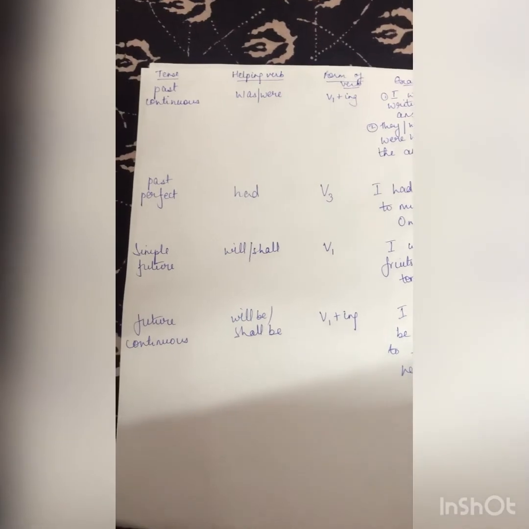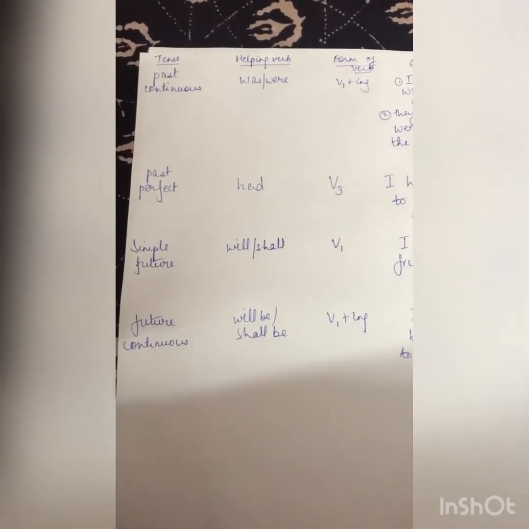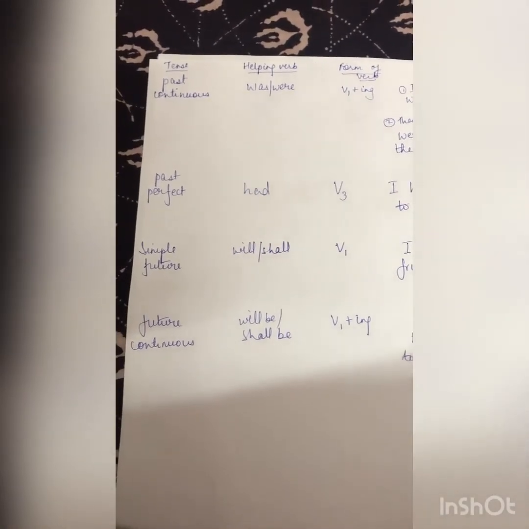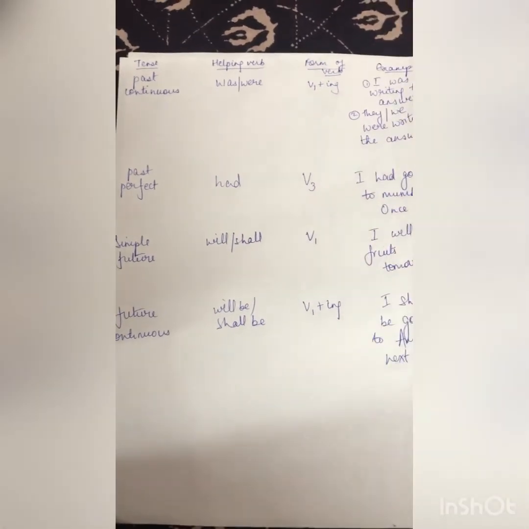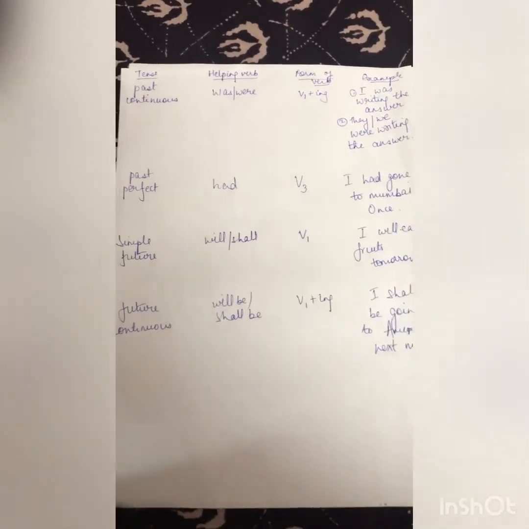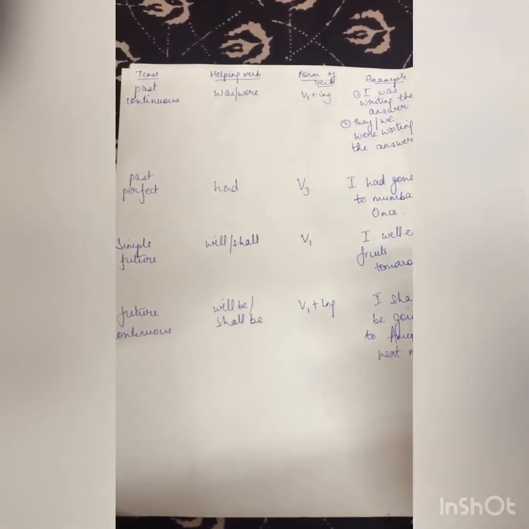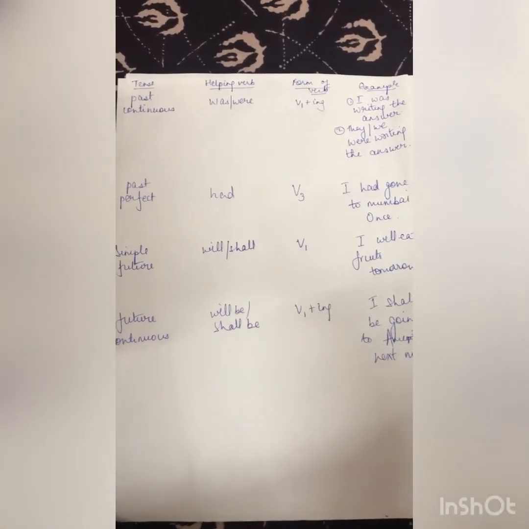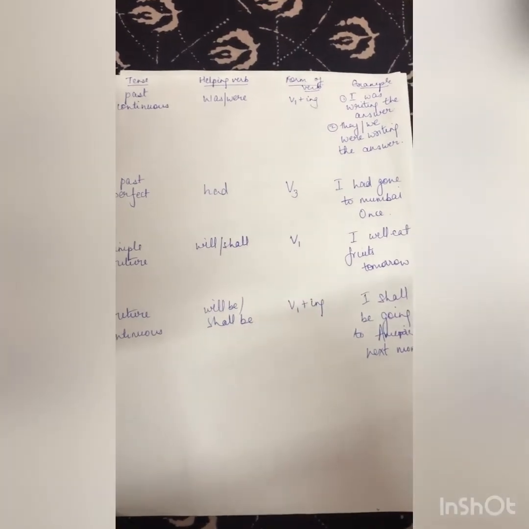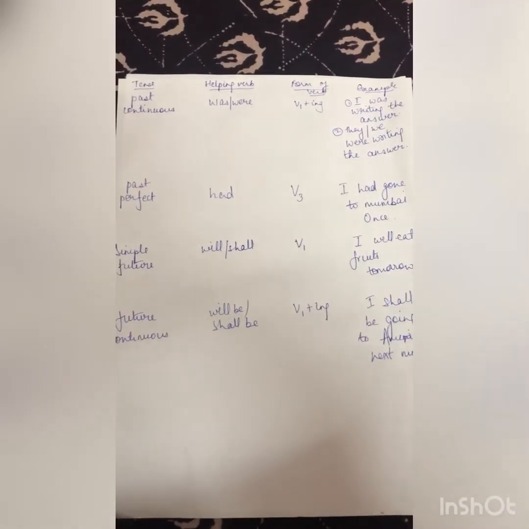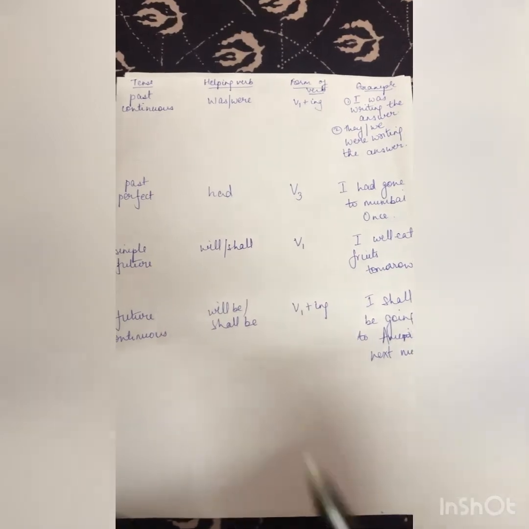Past perfect, children. When do we use past perfect? It refers to an action that took place even earlier than another action in the past. For example, we had discussed this at length, children. If you talk of two actions that have happened in the past and one of the actions had taken place earlier than the other action, then that sentence has to be in past perfect.